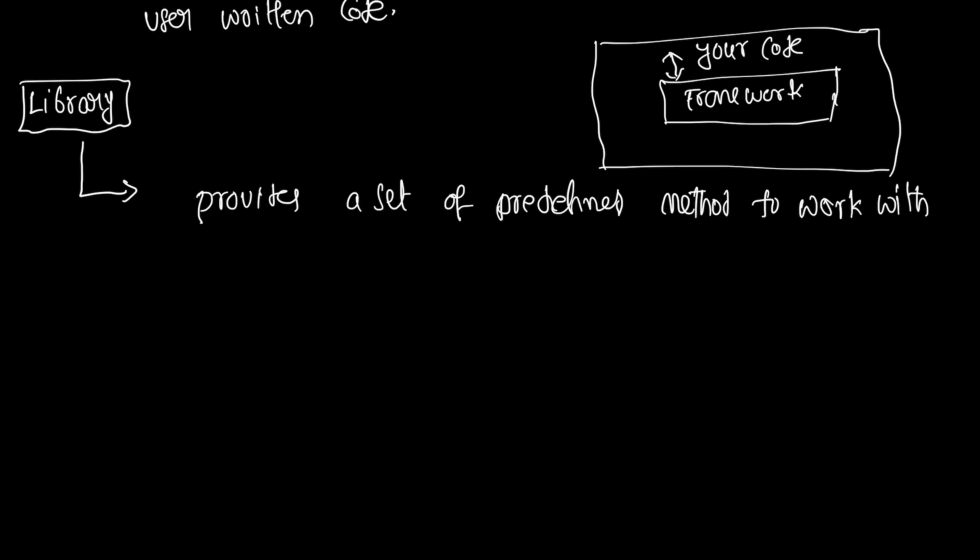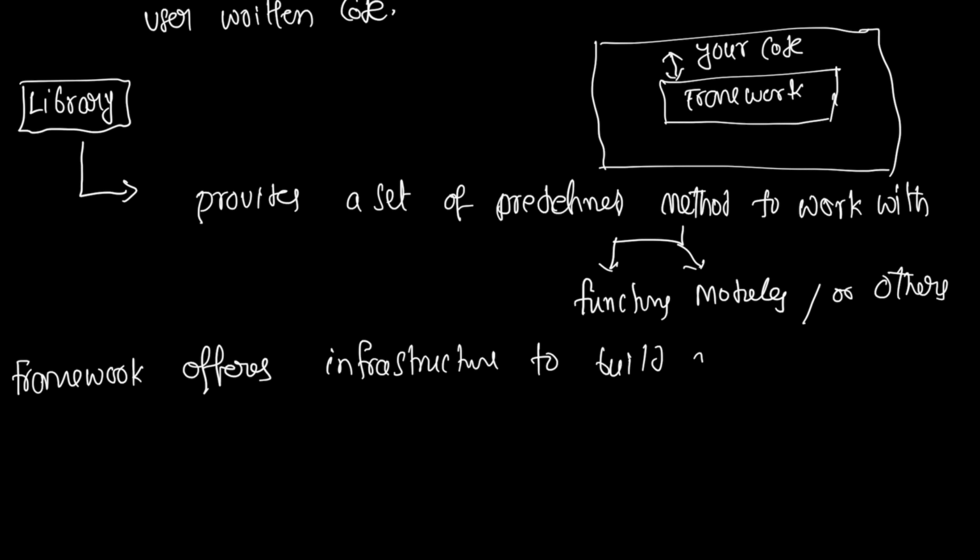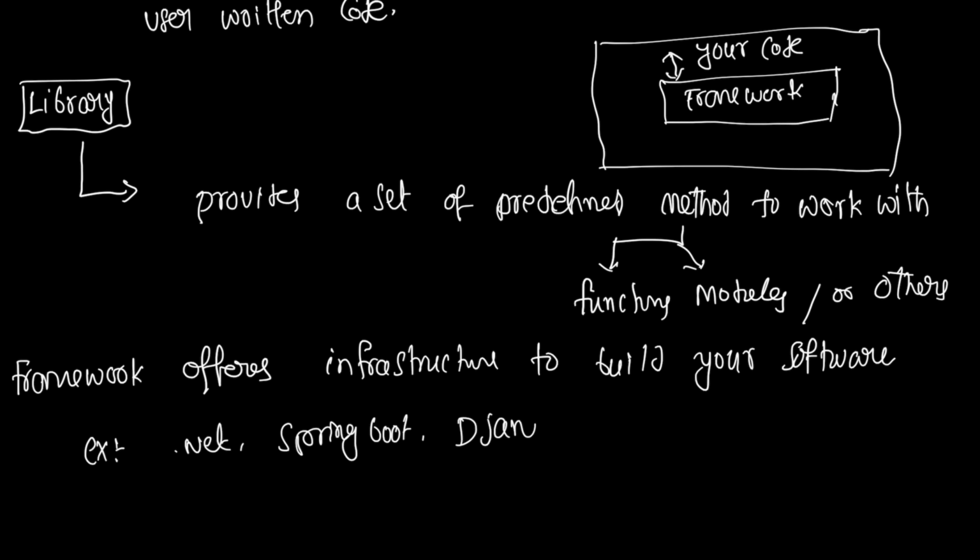That's the basic difference between a framework and a library. A library gives a list of functions and modules, but a framework gives a full set of infrastructure to work with or to build your software. For example, we have .NET framework, Spring Boot framework, and Django framework.